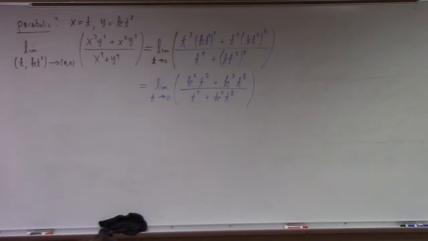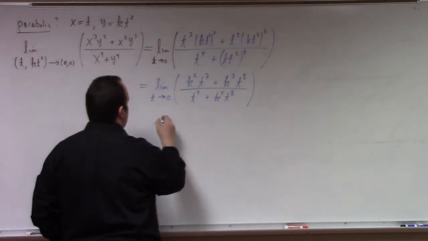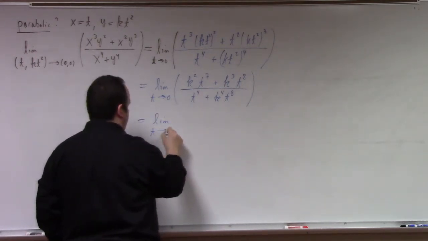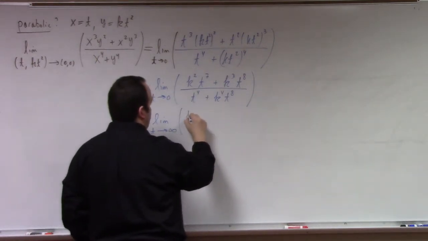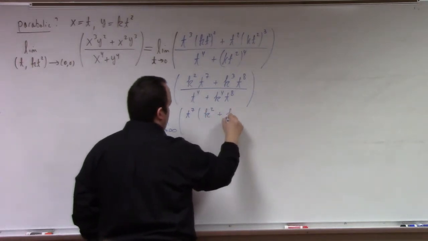So how do we make this behave? Factor? Okay, I'll allow it. So what should we factor out? The numerator factors out a t to the seventh times k squared plus k cubed t.